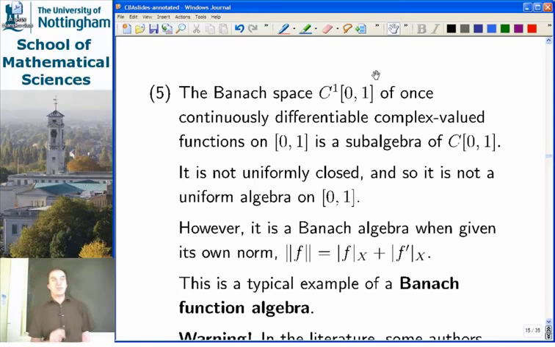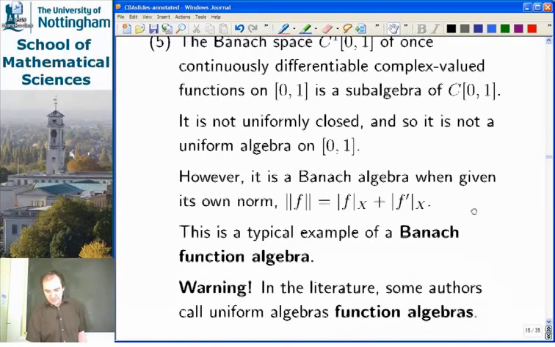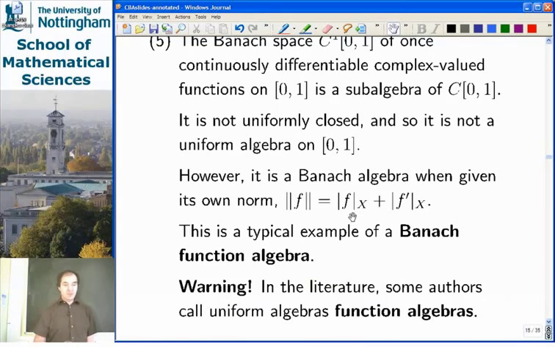And then you ask for the derivative to be continuous, and then your function is in C1 of [0,1]. And remember, the norm you need is to take the uniform norm of the function and add the uniform norm of the derivative. We said earlier that made it a Banach space.